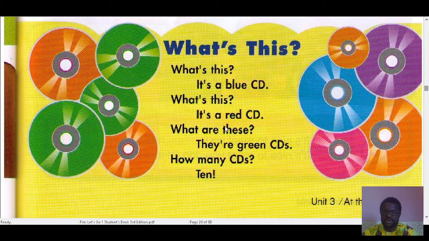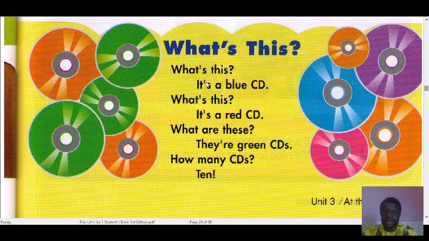And you see, what you're supposed to learn from this lesson is they're saying, what is this? When we're using this, it means one thing that is near to us or close to us. It is a blue CD because it is a thing. It is one, just one. That's why we're using a. It is a blue CD. Okay?